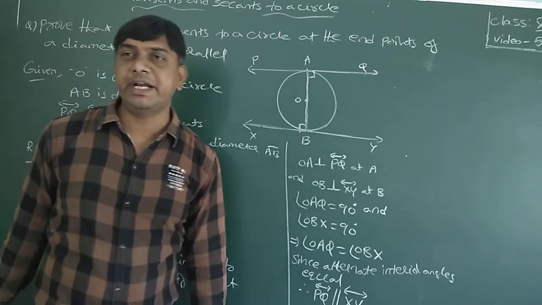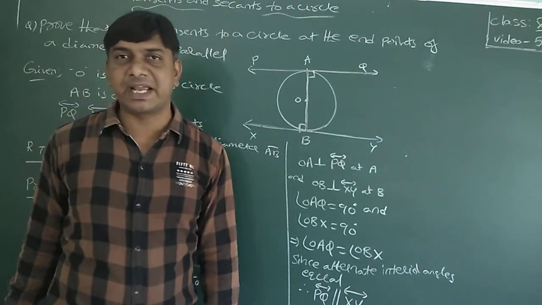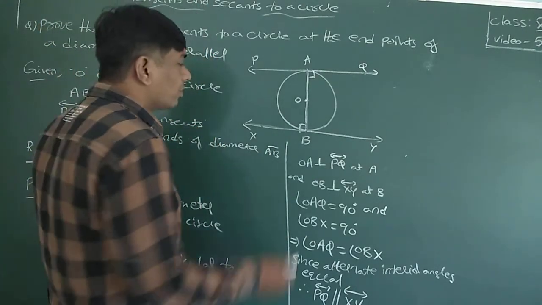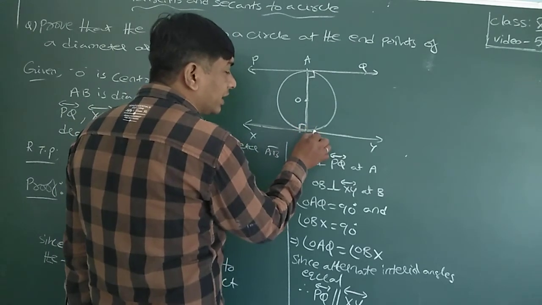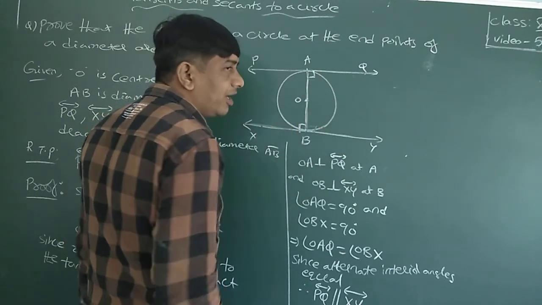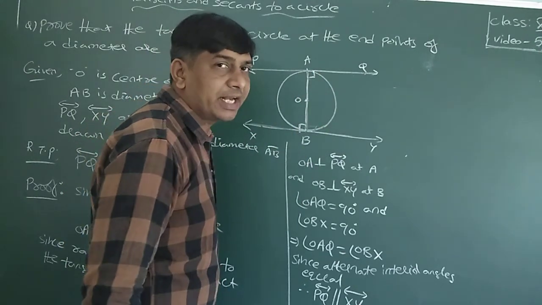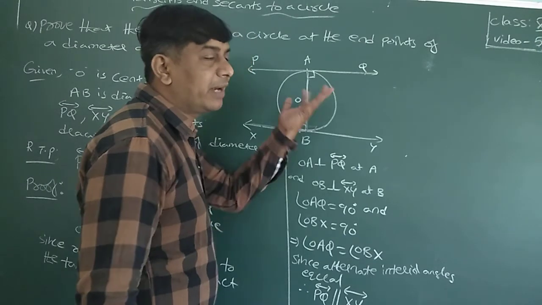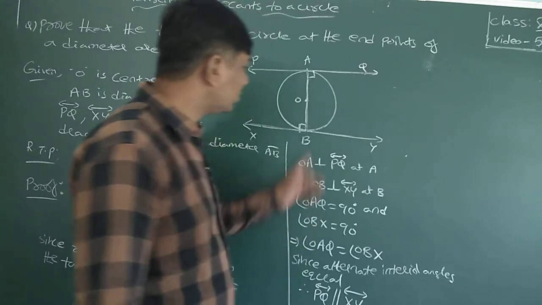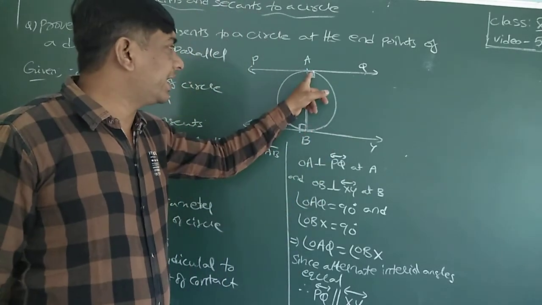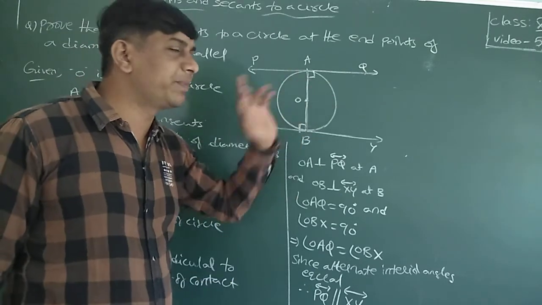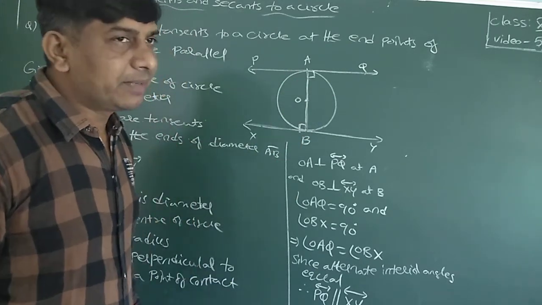Not only alternate interior angles, you can use the corresponding angles. The co-interior angles property also you can use. OBY is also 90 degrees. Angle OAQ plus angle OBY is equal to 90 plus 90, 180.